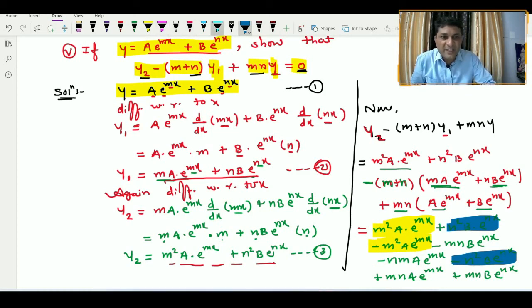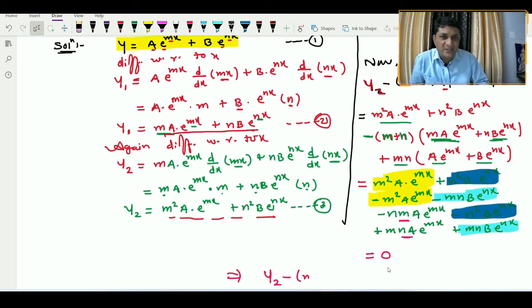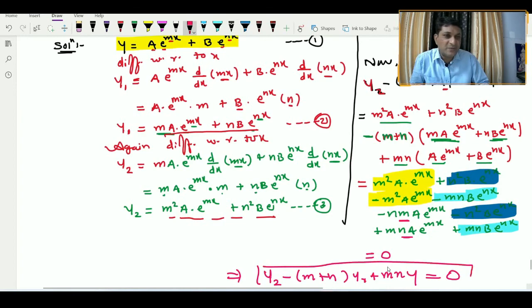Again observe very carefully: minus mn b e^(nx) plus mn b e^(nx) will get cancelled, and lastly these two terms will also get cancelled. What result are we getting? 0. So it is equal to 0, which implies that we have shown that y2 minus (m plus n) y1 plus mn y equals 0, and this is the result which we had to prove.